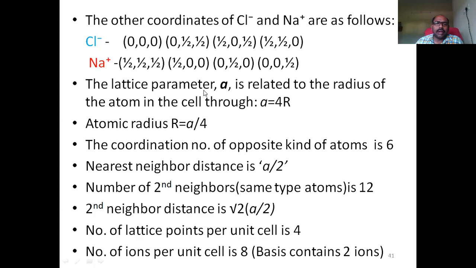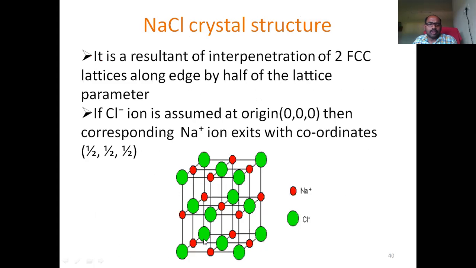The lattice parameter a is related to the radius of the atom in the cell through this relation. From the figure, to differentiate the ions we have given different colors, but they are almost the same in size.